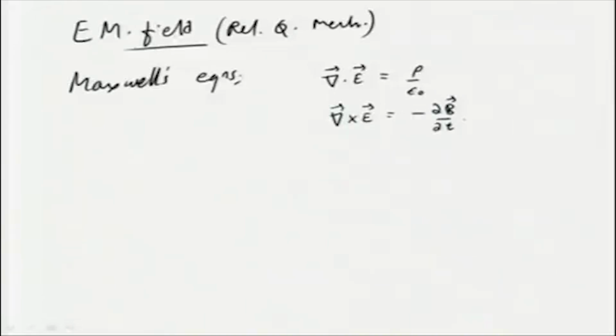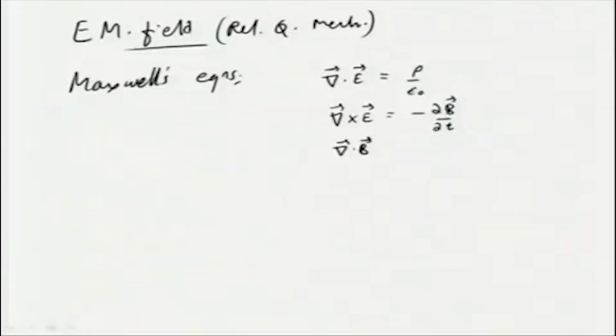The electrostatic potential is curl free, but the electric field due to a change in magnetic field can be circular. Divergence of B is always 0. Curl of B is basically the current, but if you have a changing electric field, then again you can have a magnetic field, or the curl of the magnetic field is then proportional to the rate of change of electric field. These are the Maxwell's equations.